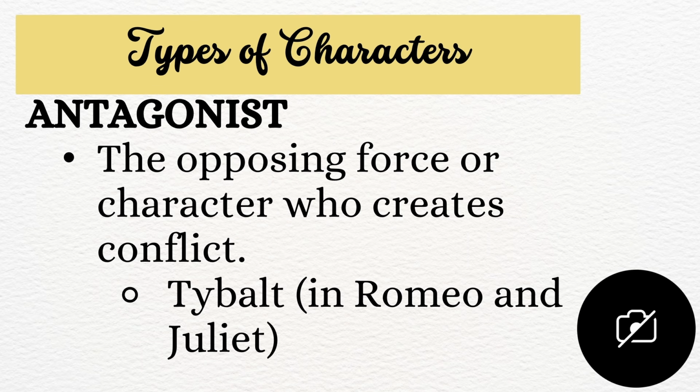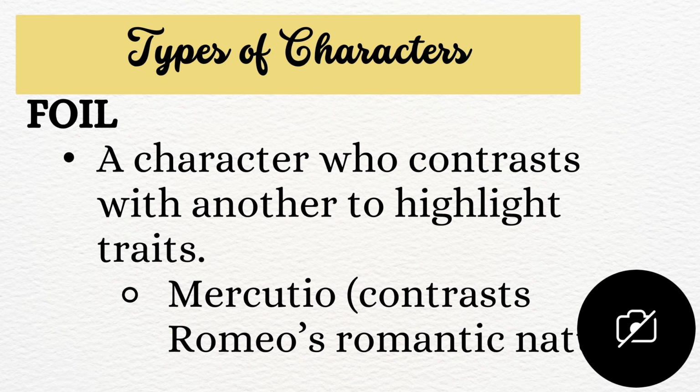Depends on who you take a look at. Okay, so antagonist is the opposing force and the character who creates the conflict, the bad one. Alright? So, in the light of Romeo and Juliet, of course, if Romeo and Juliet are the good ones, Tybalt is the bad one. He's the one who creates the conflict.